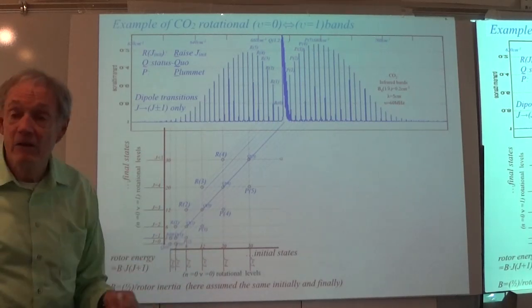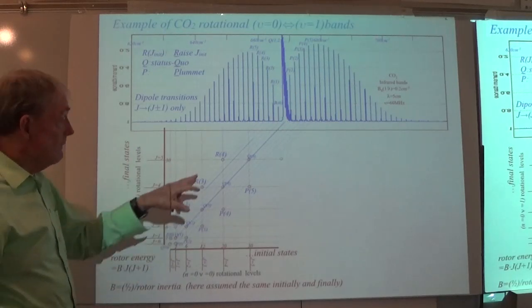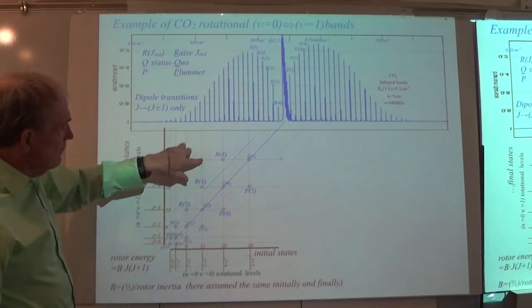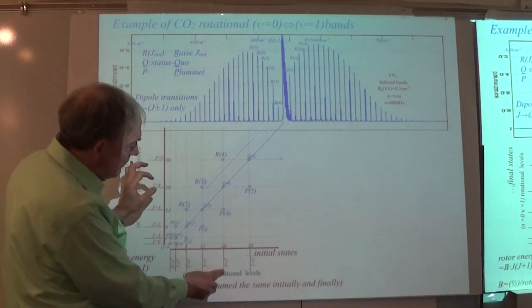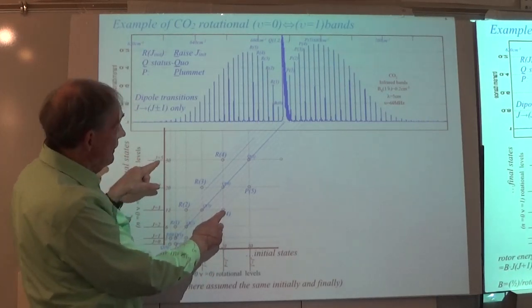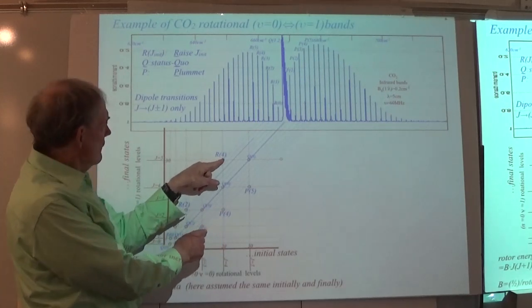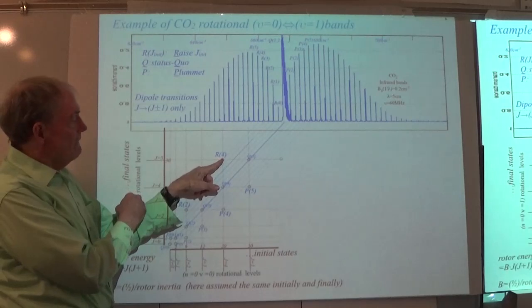Yeah? You mentioned delta J at 2. About how is that for? Well, most of the time, if you were to do a raise, say you were at J equal 4 right here, and you were going to go to J equal 5, that would be a raise of J. I was thinking of quadrupole transitions.